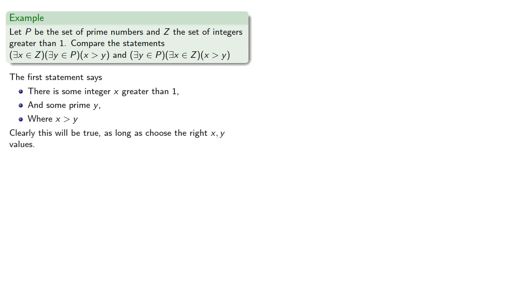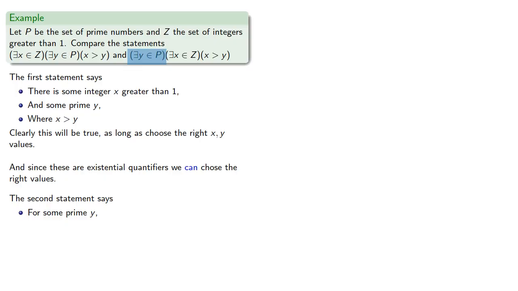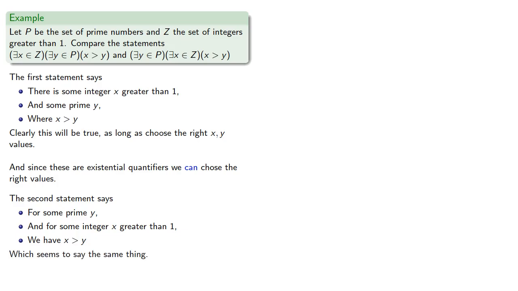And clearly this is true as long as we choose the right x and y values. And since these are existential quantifiers, we can choose the right values. Now the second statement says that for some prime y and for some integer x greater than 1, we have x greater than y, which seems to say the same thing, so it appears we can switch adjacent existential quantifiers.